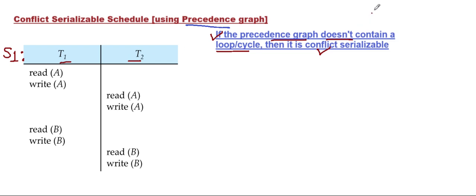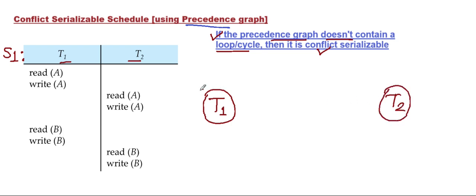While drawing the precedence graph, we know that the vertices of the graph represent the transactions, that is T1 and T2. There are two transactions, so two vertices. We have to draw a flow from T1 to T2. While drawing the flow, we need to check two things.